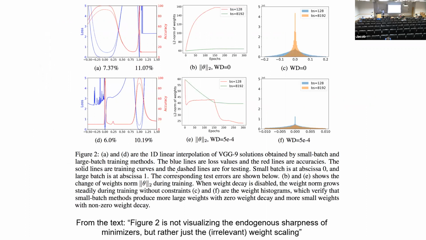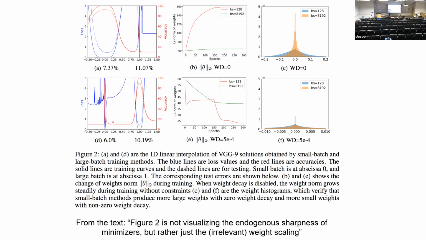This is a plot meant to illustrate the parameter scaling problem. Let's see if we can break this down. On the top row, we have plots related to a network trained with weight decay. Do we remember what weight decay is?